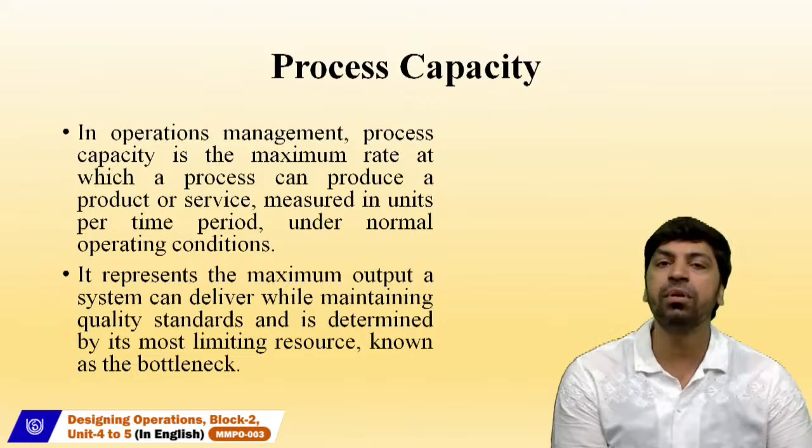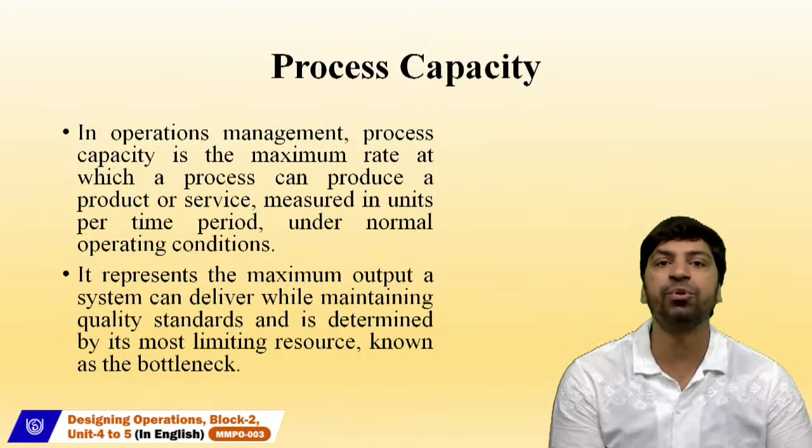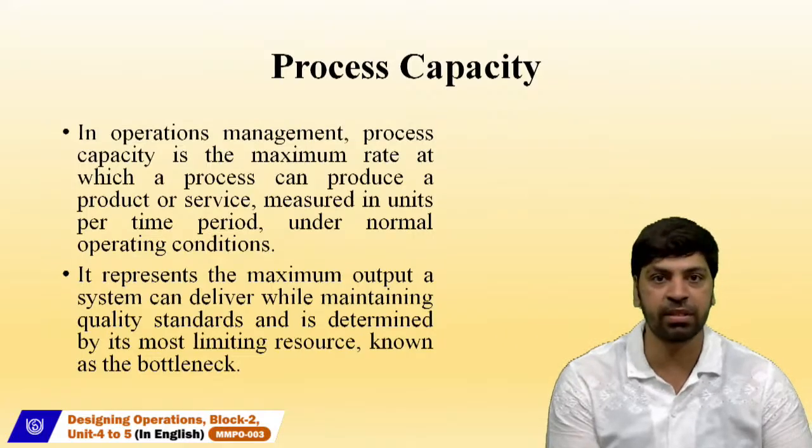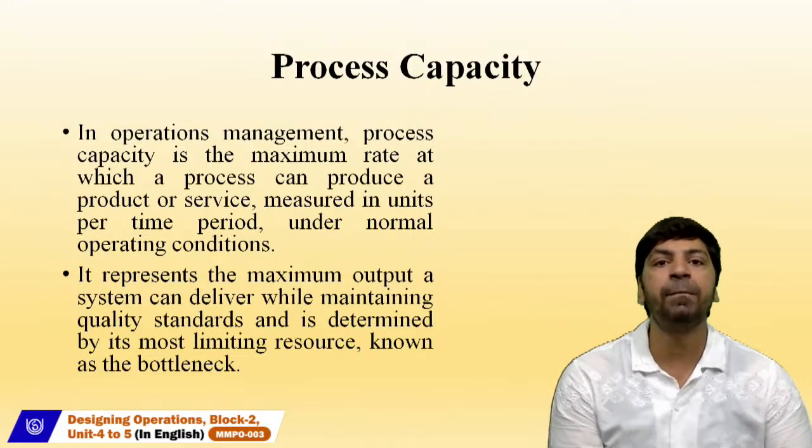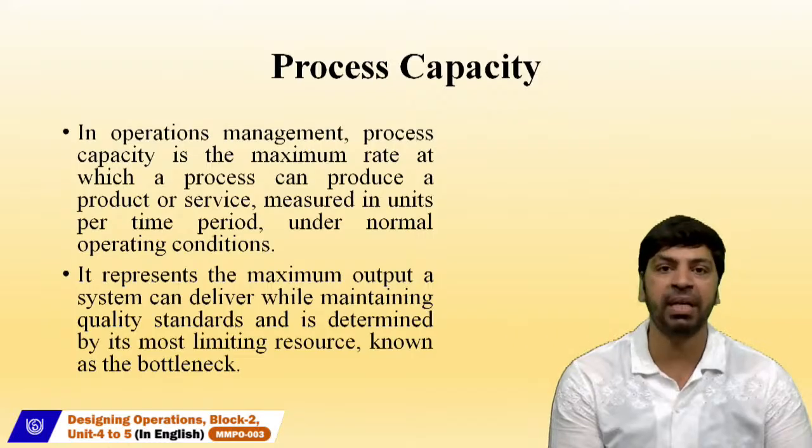When it comes to operations management, process capacity is the maximum rate at which a process can produce a particular product or service per unit time period under normal conditions.